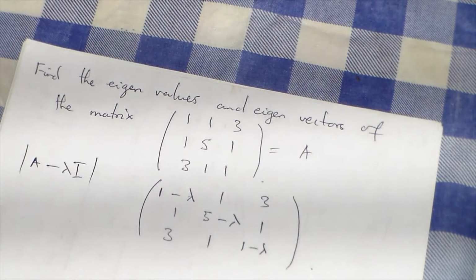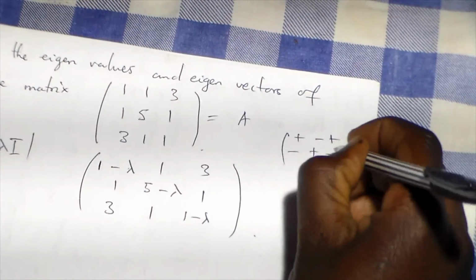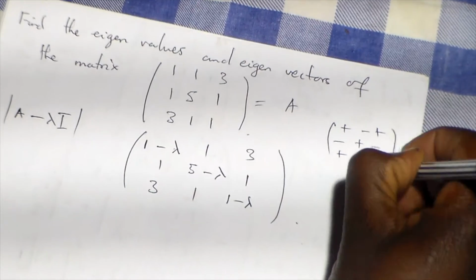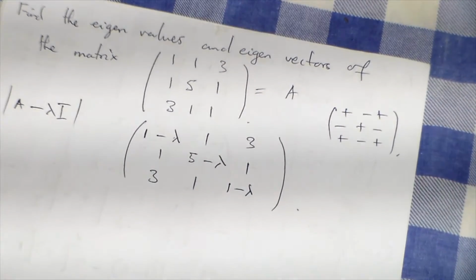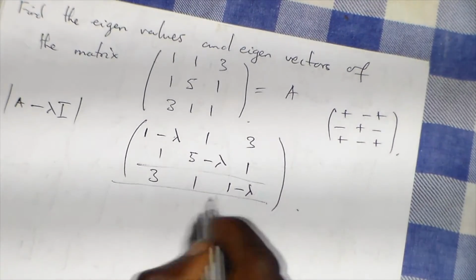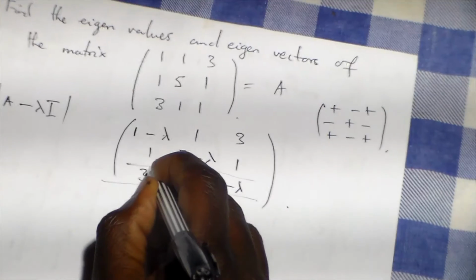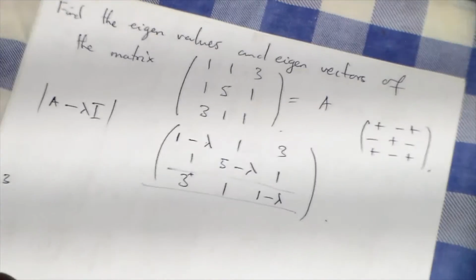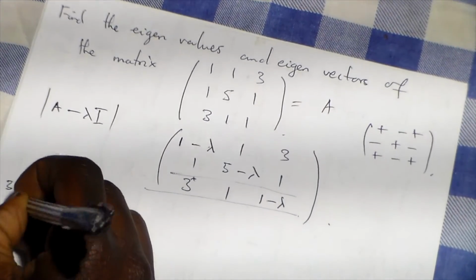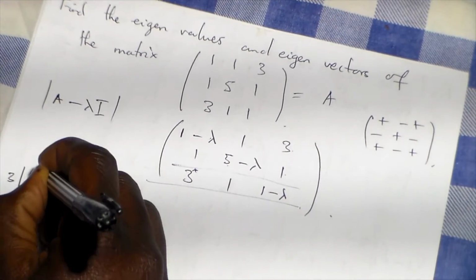Okay, so I'll be making use of these signs on finding my determinant of a 3 by 3 matrix, and I'm going to take row number 3. The minus of this first element of the matrix is 1, with 3, 5 minus lambda and 1.